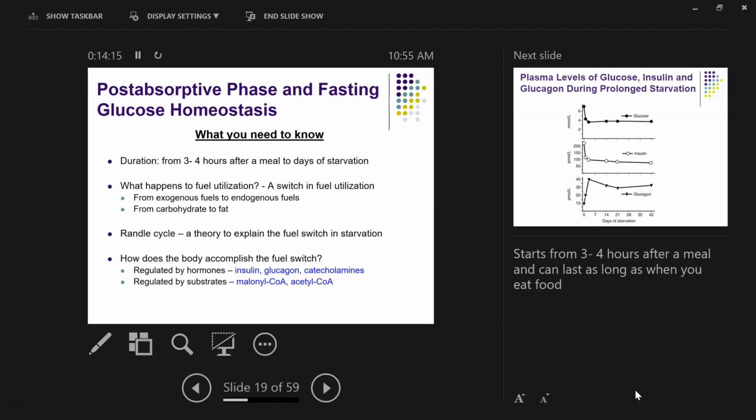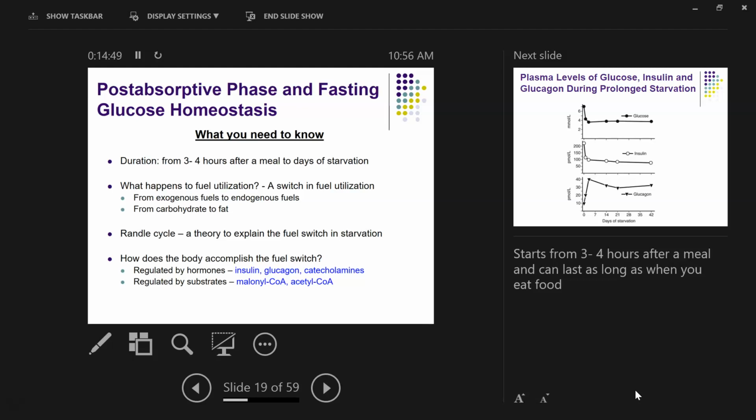First is a switch of energy sources, from utilizing an exogenous or dietary source to an endogenous source, right? The synthesized or stored energy. And the second type of switch is from utilizing carbohydrate to utilizing fat, right? Two different types of switch during the post-absorptive phase.